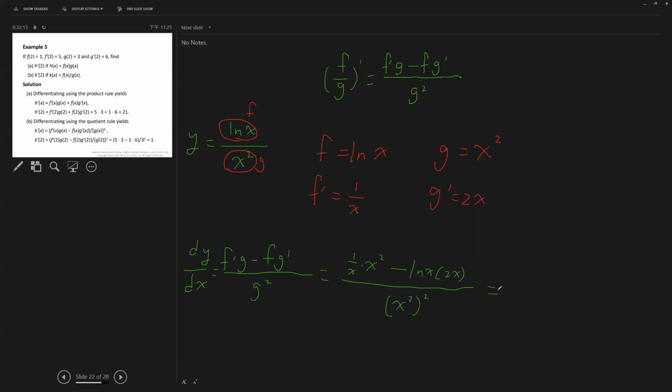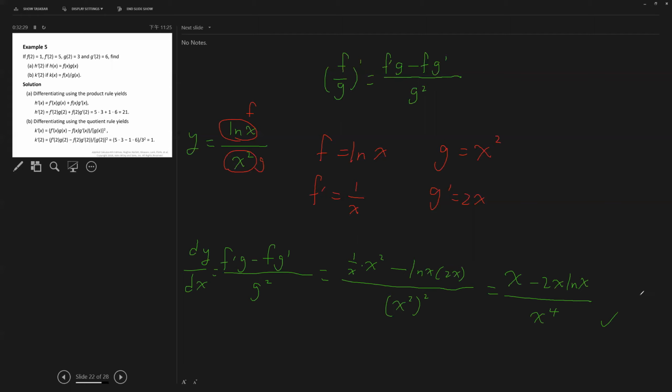All right, and let's see what we have. So this is just x minus 2x ln x over x squared squared, that's x to the fourth. Okay, and that's it.